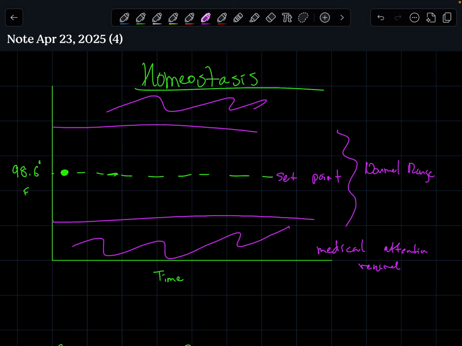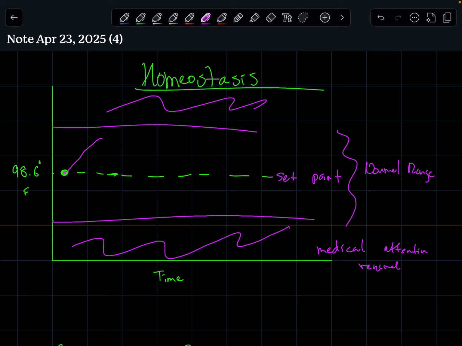Okay. So just to explain homeostasis, we're right here, right? Let's just say it gets hot outside. So naturally our body's going to increase in its core temperature.